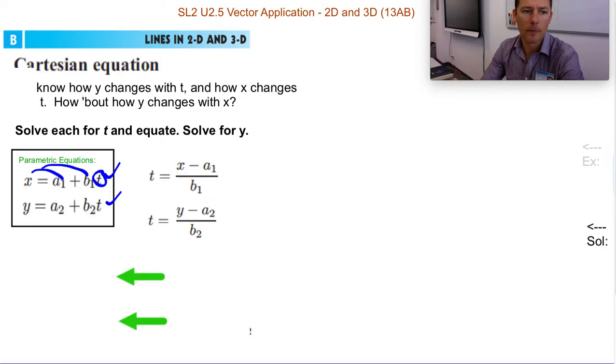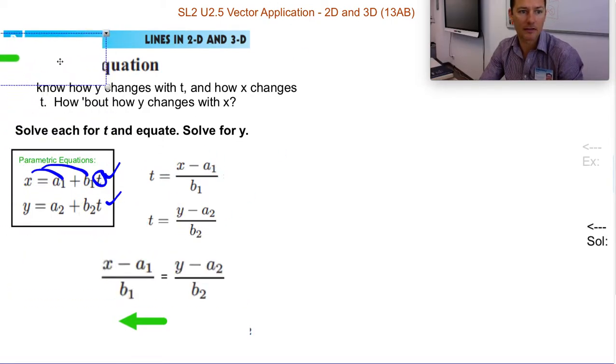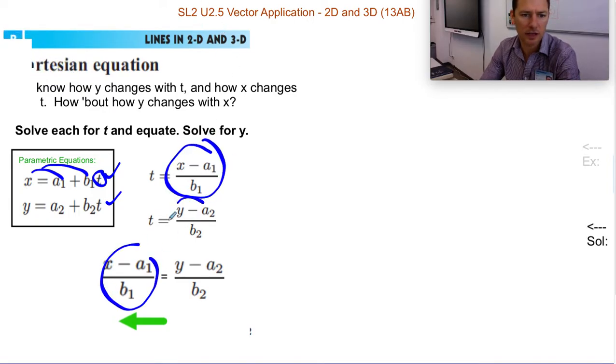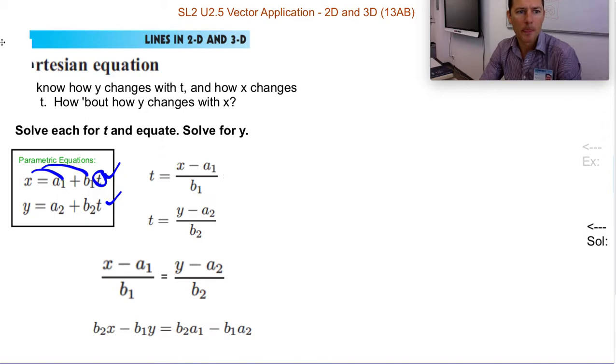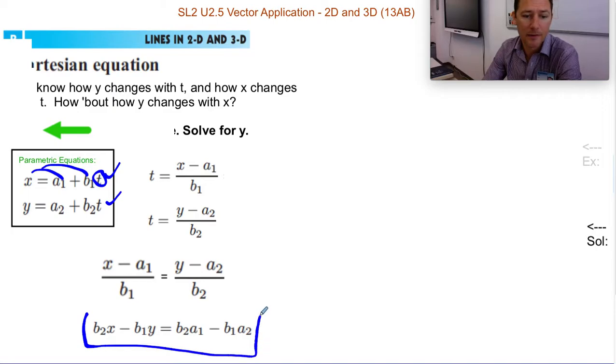Time is related to this mess, and time is related to that mess, so time should be the same thing, and we can set them equal to each other. Then you multiply both sides by the opposite b, and you're left with something without fractions, which is kind of cool. And then we can use this piece to solve for some things.